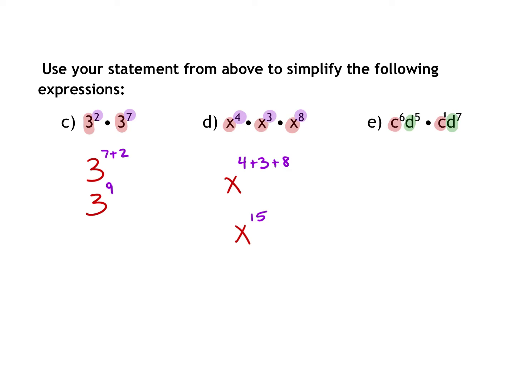All right, so the c is being raised to the 6 plus 1 power, and the d is being raised to the 5 plus 7th power. So in total, we have c raised to the 7th power. There would be 7 c's multiplied together. And here we have 5 plus 7, which is 12 d's that are multiplied together.